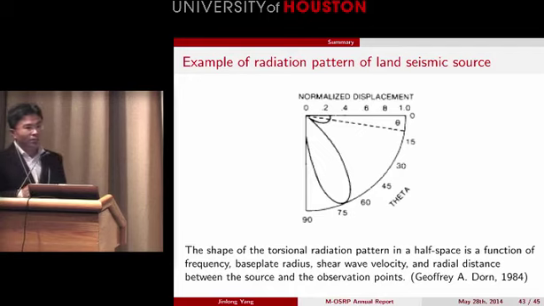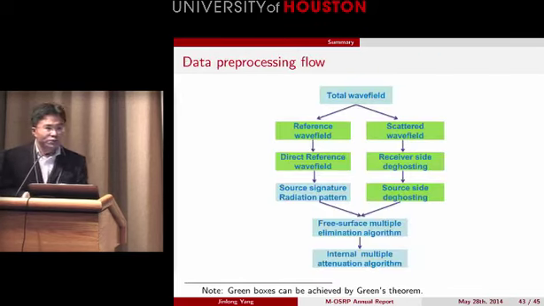So in my future work, I will look at what difference is made if we include this kind of real radiation pattern in our demultiple algorithm. If we have this kind of radiation pattern, what can you do?